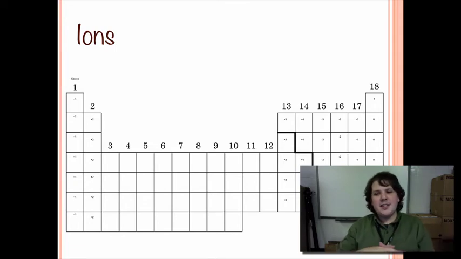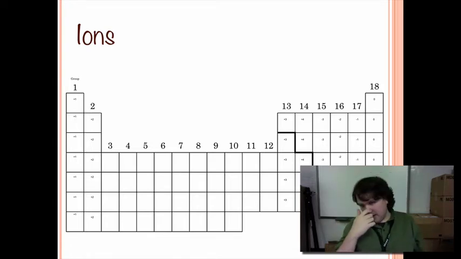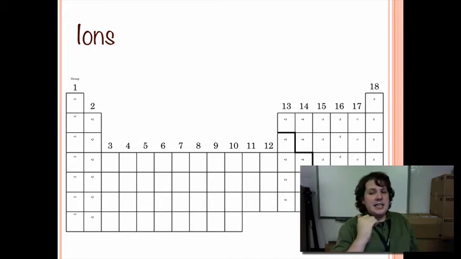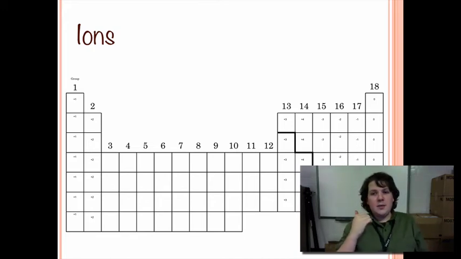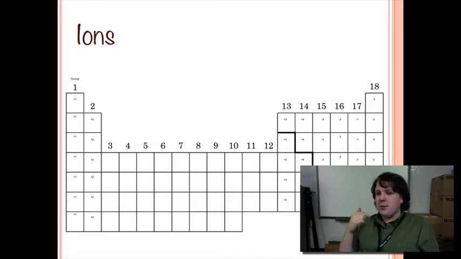Now I want you to pay attention because something happens when we hit group 15. Those start having minus charges, and you'll find out later that the first two in group 14 sometimes have minus charges as well. Once we start getting to 5 valence electrons, it becomes much easier for elements to gain electrons rather than lose them.